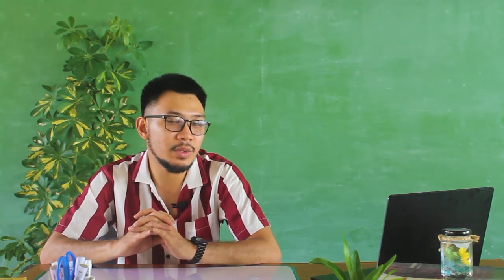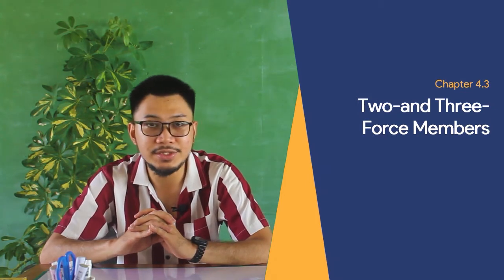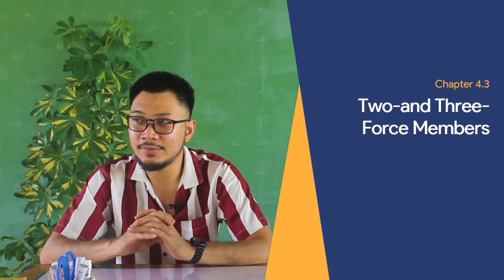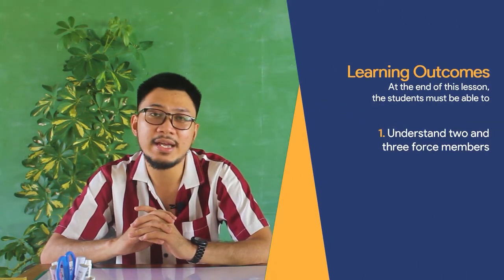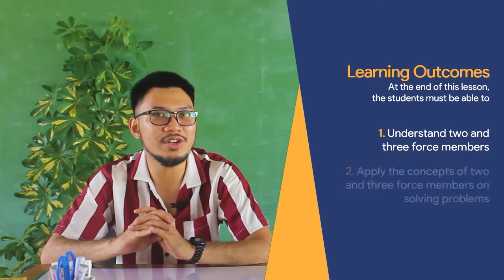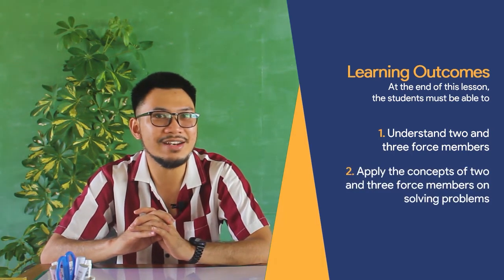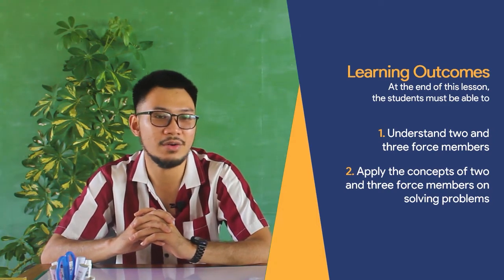Now, for the second part of this class, we will be dealing with 2 and 3 force members. The goal for this lesson is that we should be able to identify what are 2 force members and what are 3 force members, and how those kinds of members can help us solve rigid body problems.